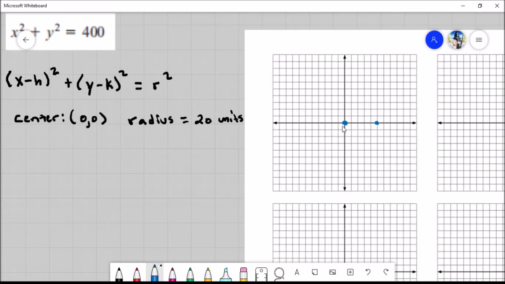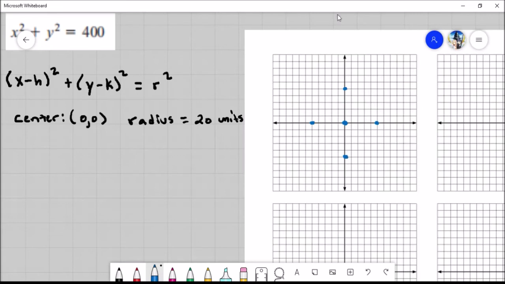So now I have that distance from the right side of the x-axis. I want that same distance all the way around because, again, this is a circle, and we know how circles look. So again, 1, 2, 3, 4, 5 over here, 1, 2, 3, 4, 5, and here.